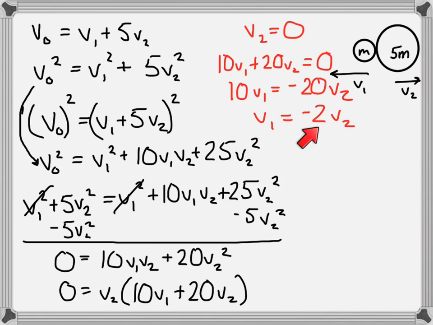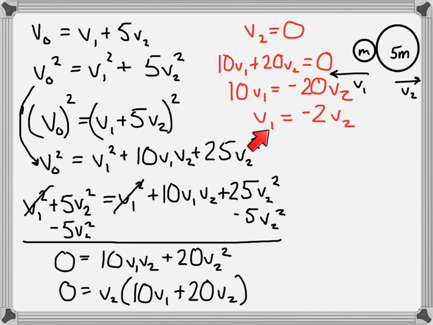So what this result is telling me is that v1 is equal to negative 2 times v2, so it's going twice as fast, but since there's a negative sign, it's twice as fast in the opposite direction. Does that seem reasonable? Well, maybe I would have expected a bigger result, but it does make sense that it's going in the opposite direction. Now, if I had a result that said that this has to be a bigger speed, then I know that something went wrong with my math and I would go back over it. But I think it's somewhat reasonable, so I'm going to stick with it.